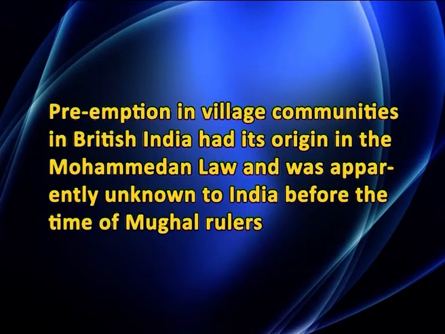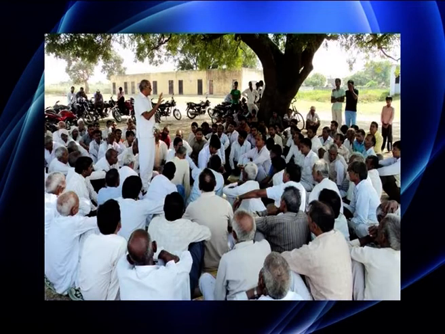The Privy Council observed that pre-emption in village communities in British India had its origin in the Mohammedan law, or what we call our Muslim personal law, and was apparently unknown to India before the time of the Mughal rulers. In the course of time, custom of pre-emption grew up or was adopted among village communities.